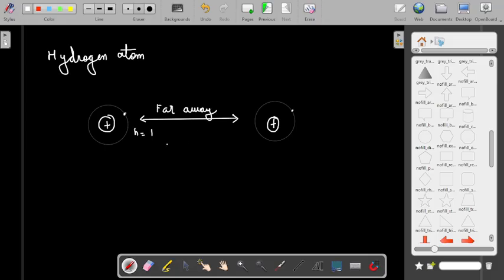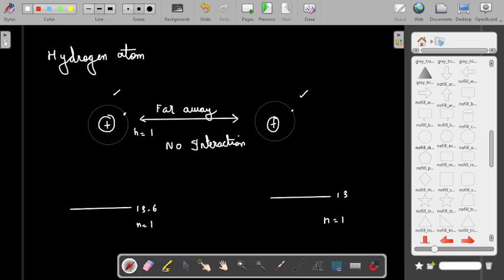If two things are separate, each acts on its own, so nothing else comes into play. This will have one energy state, and this will have one energy state. The energy will be just 13.6, because this is n is equal to 1, and this is also n is equal to 1.